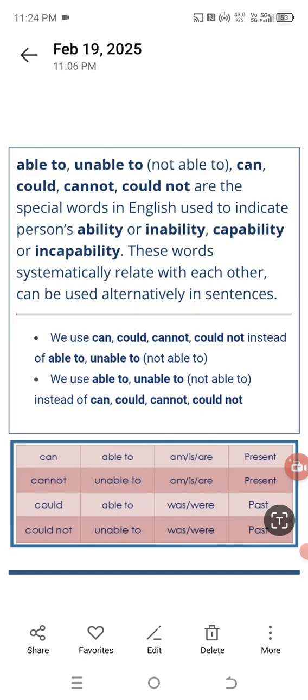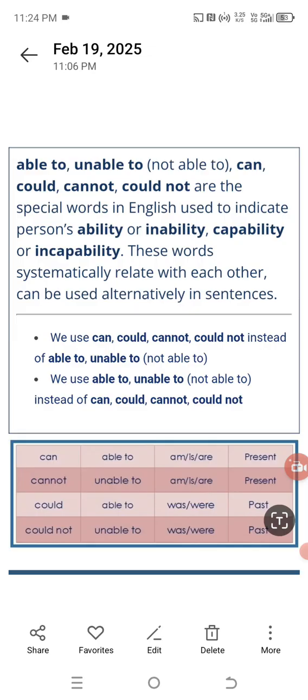In the could not sentence, while using unable to, it is the same. We take the past form of to be correctly, then write unable to, and then the remaining part of the sentence as it is.